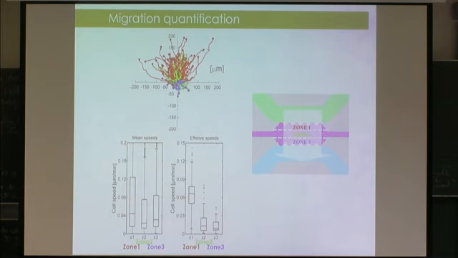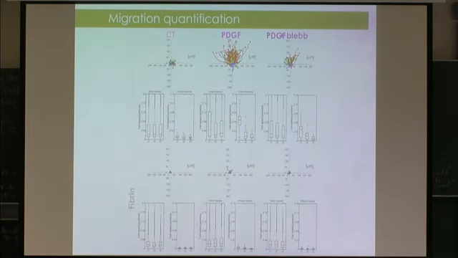So if we see here, it's a first picture of all results. We can see clearly that in the control, I'm going to detail all the results now, but clearly when we incorporate the growth factor, the migration increases, and it clearly increases in collagen, but not in fibrin.